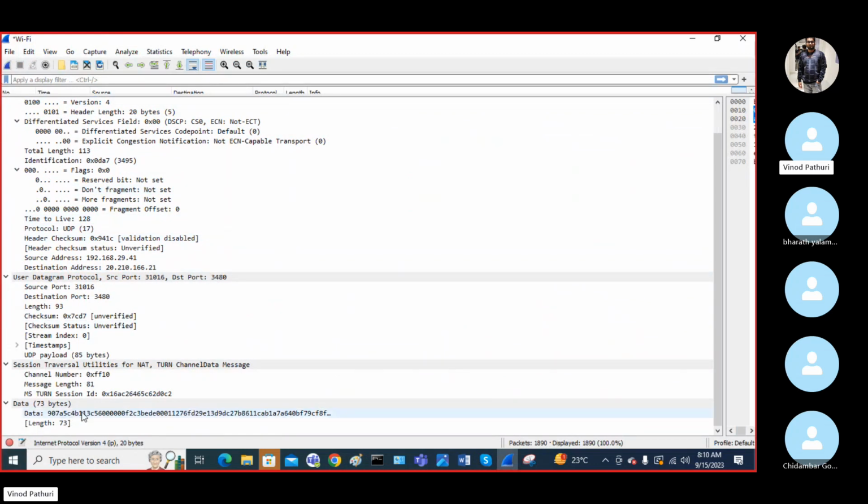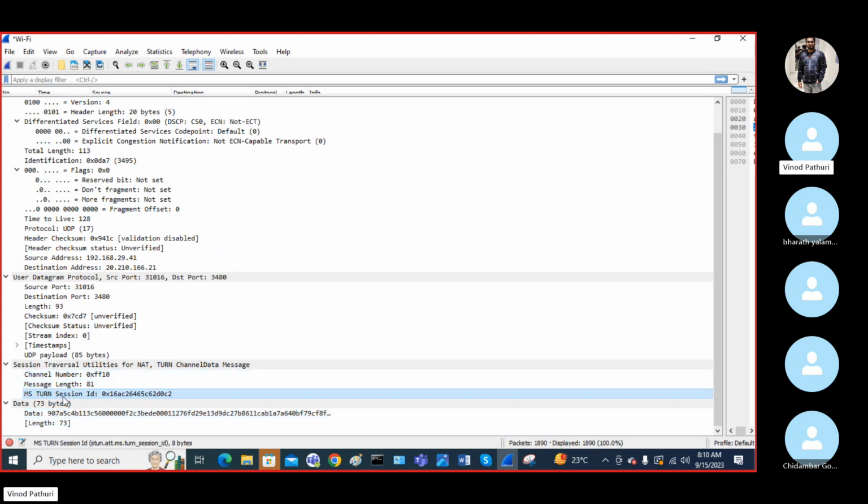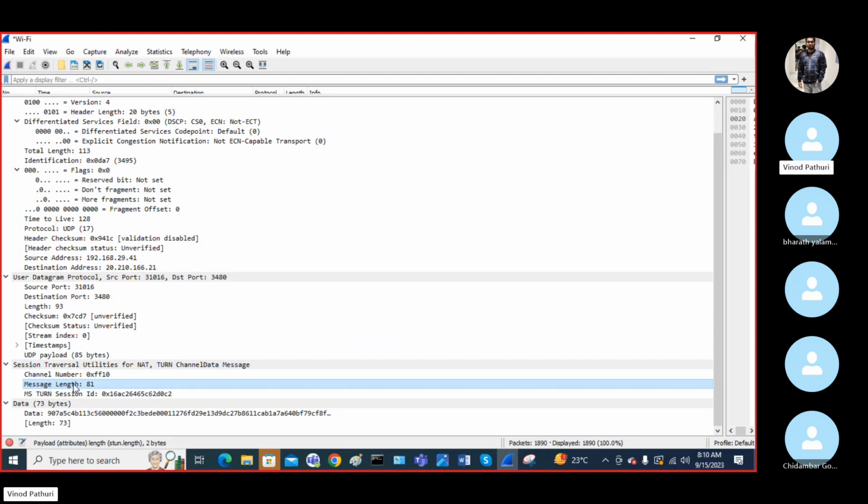Your data will also be converted into this format, the ASCII format, the computer-understandable language. It will encode everything and transfer it. How long is your message?